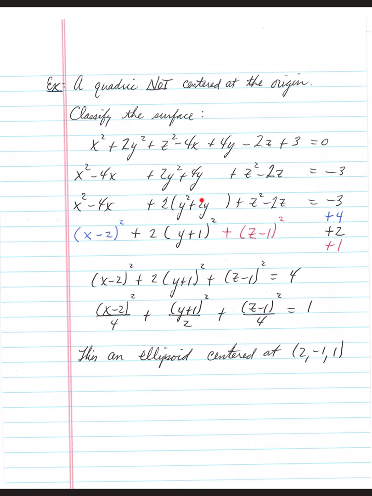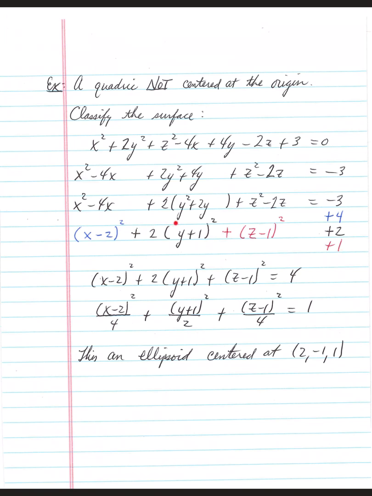With y, half of 2 is 1. 1 squared is 1, times 2 is 2. With z, half of -2 is -1. -1 squared is +1.